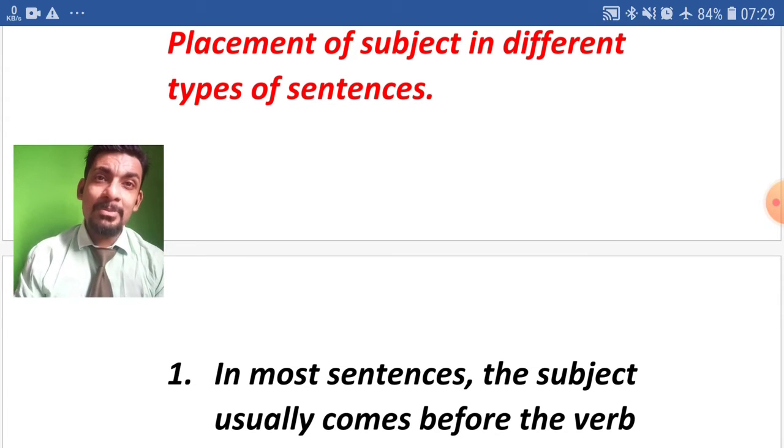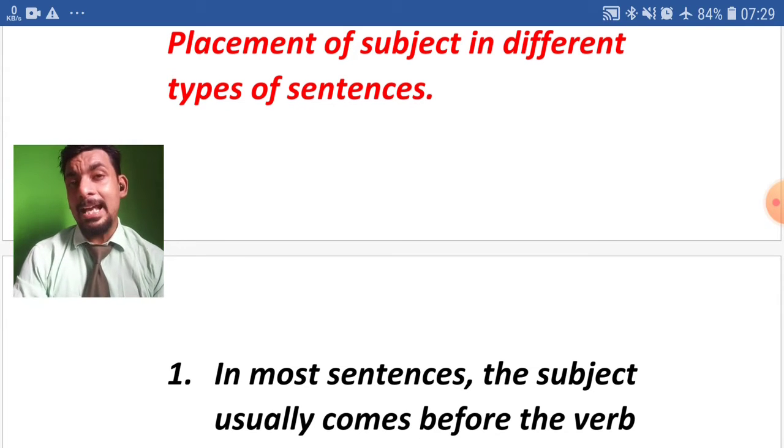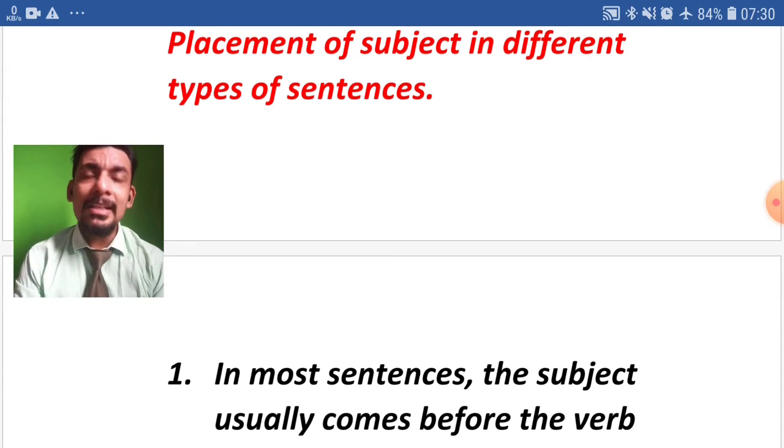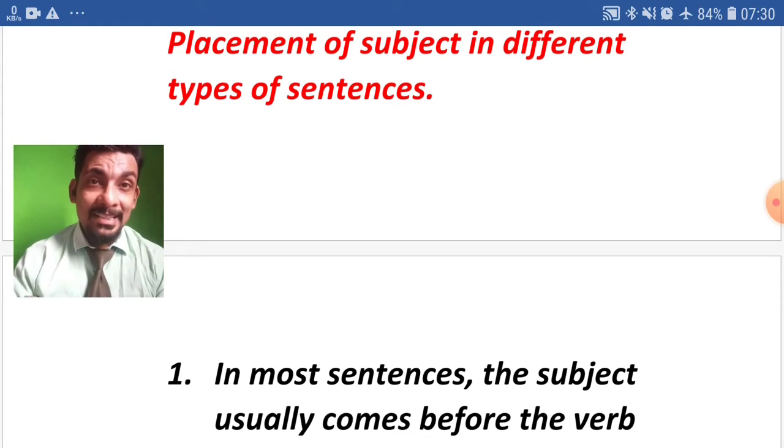Now, for an example, if I eat an apple, I will become the subject. My action of eating will become the verb, and my action is falling upon that apple, and it will become the object.